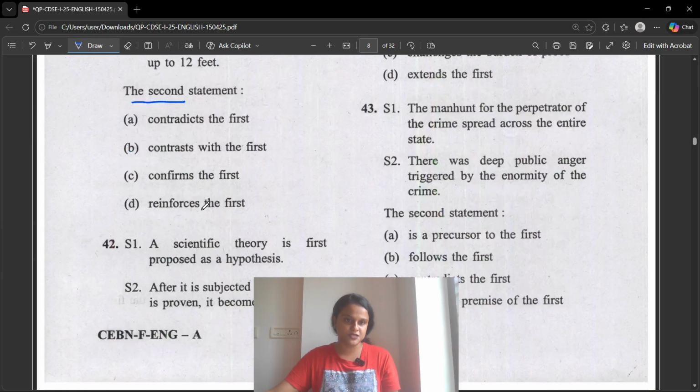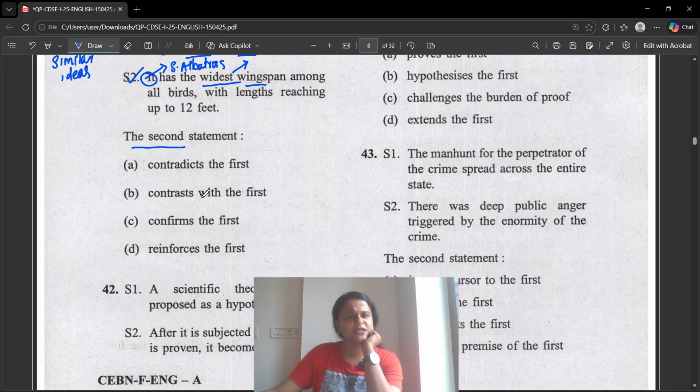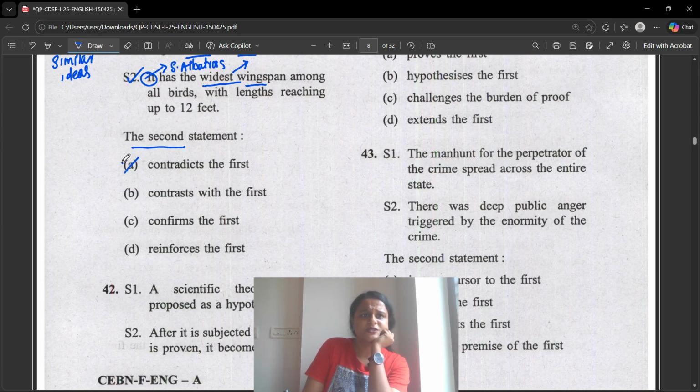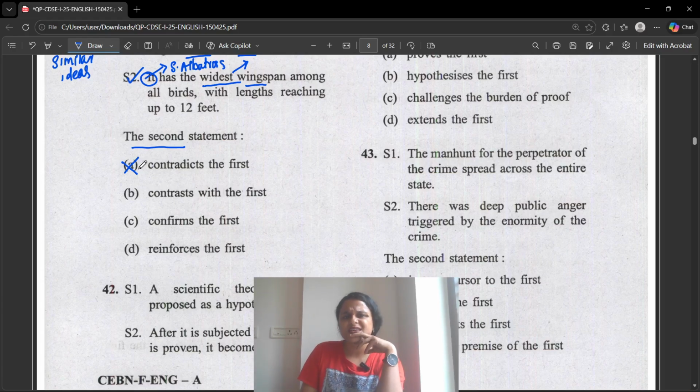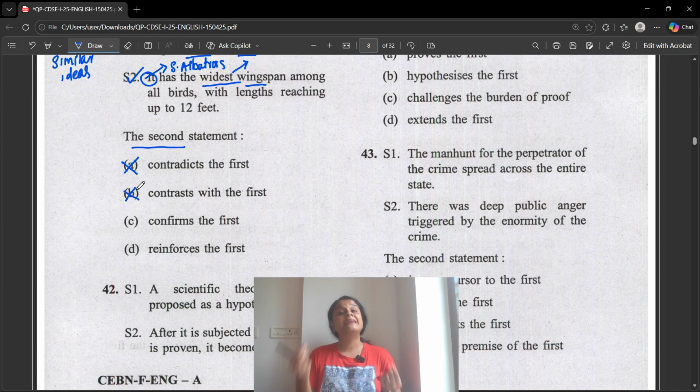Let's go back to the options now. The second statement contradicts the first. Well, absolutely not, because they were talking about similar ideas. How are they a contradiction? No. Are they contrasting with the first? No, because contrast also means you're talking about different things. Contradiction is also difference, contrast is also difference.